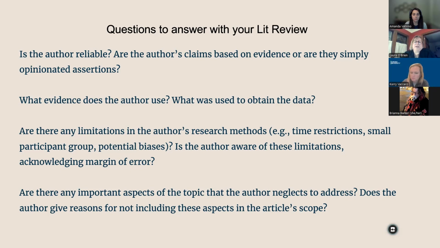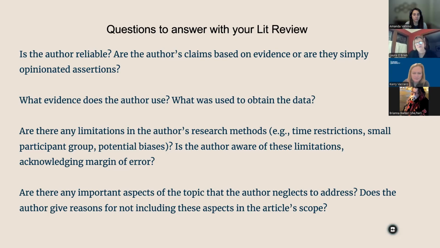And then are there other things? This is kind of where you come in: where are the things that haven't been addressed and why haven't they been addressed? So you're kind of looking for all of those things as you're looking into the sources that you've chosen to work with. So that's kind of the whys and the wherefores of the lit review.